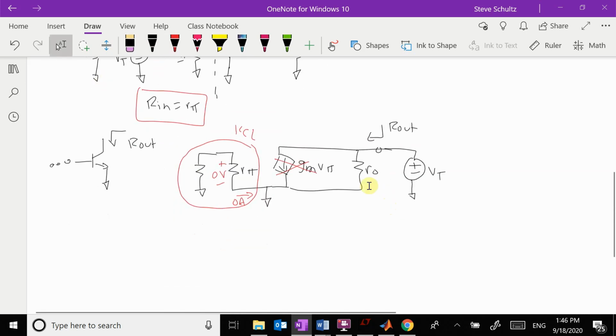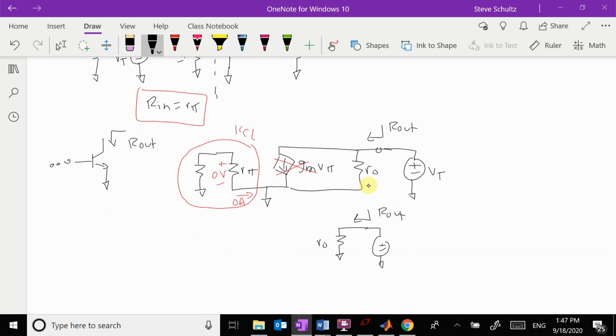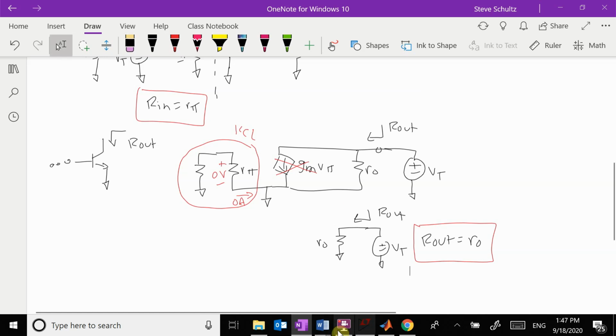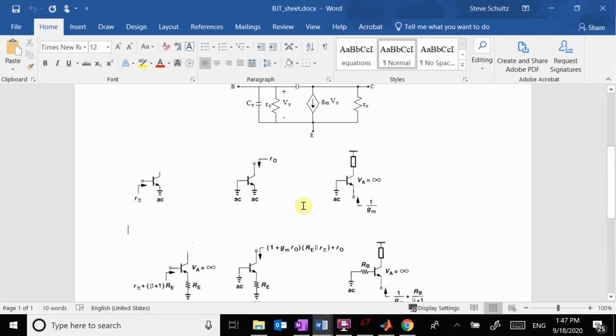And then if I redraw my circuit, I get this. So we see that R out is just equal to RO.